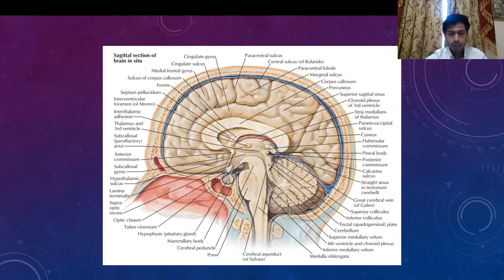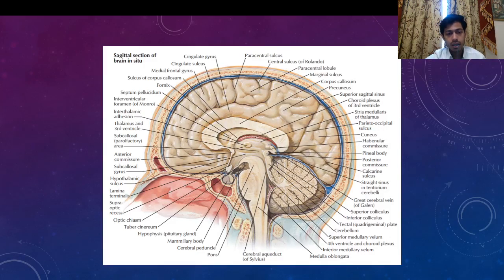So we can see here that this is obviously our medial aspect of the frontal lobe, and this is our parietal lobe here, and this central sulcus is almost like a very, very clear border which is distinguishing the frontal lobe from the parietal lobe. You cannot see the lateral sulcus of Sylvius, obviously.